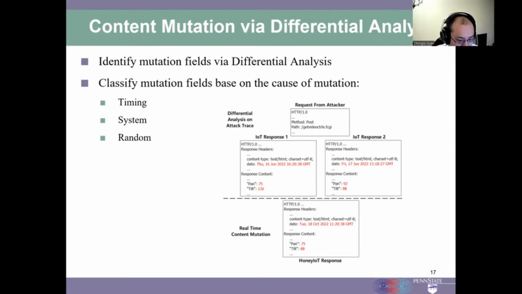As shown in the figure, for the request, the date field is rewritten with the current time of the HoneyIoT server. And for the system field, HoneyIoT randomly selects valid values from the database at runtime.